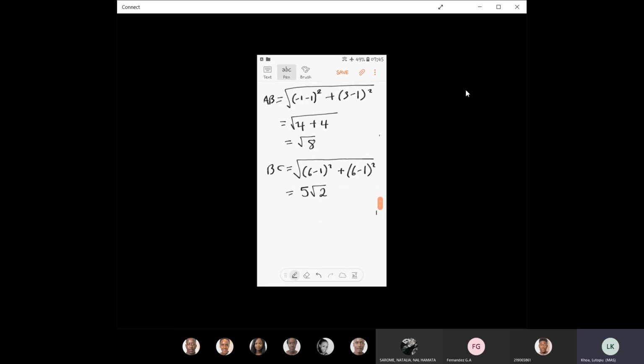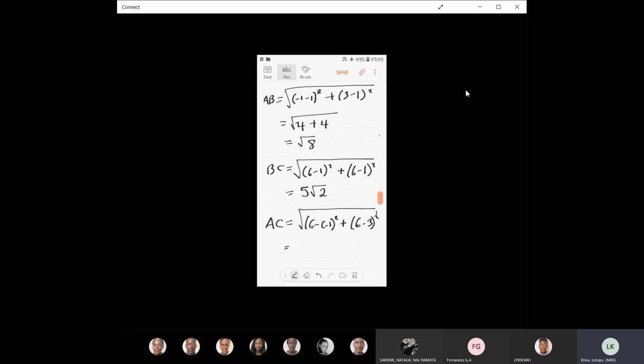And then we need AC. AC is the square root of 6 minus negative 1 squared plus 6 minus 3 squared.